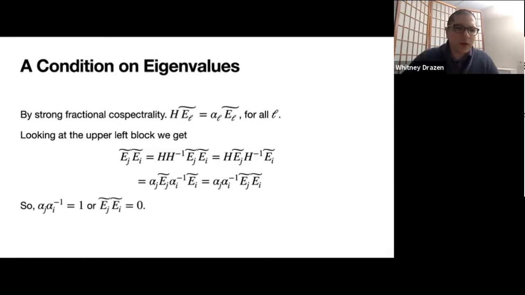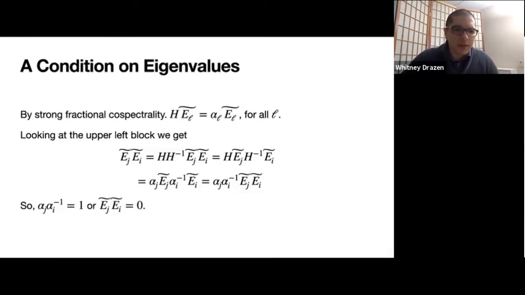And so this is going to give us that this alpha j times alpha i inverse is equal to 1, or that our projections are orthogonal.